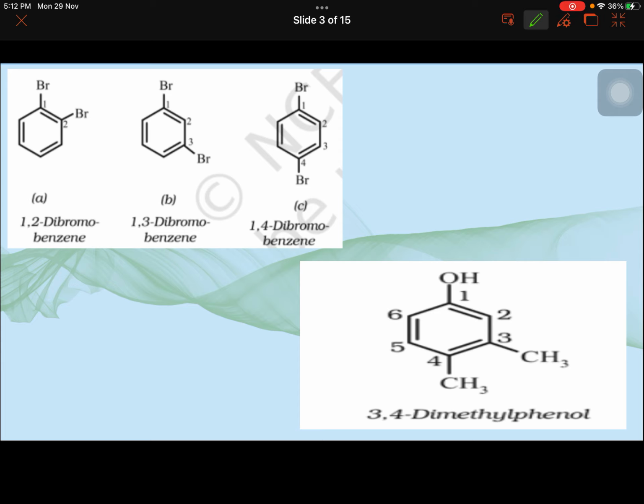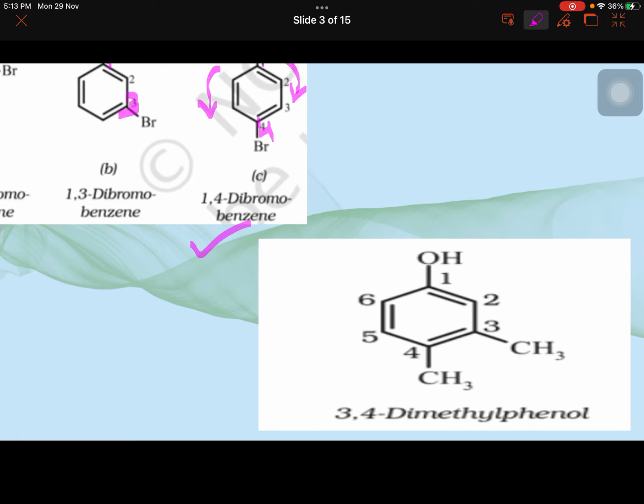So if you have two substituents like both bromo, then you go clockwise or anti-clockwise starting from any of the carbons which are having substituent on them, and give the lowest possible number to the carbons bearing the substituents on them. So if I go this way 1 2, or I come this way 1 2, it is same. So I will call it 1 2 dibromobenzene. Simple. This is 1 3 dibromobenzene. You come this way or this way, it remains 1 4 dibromobenzene.